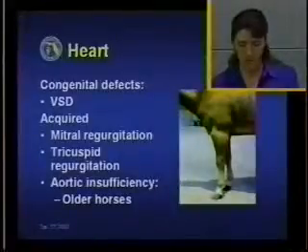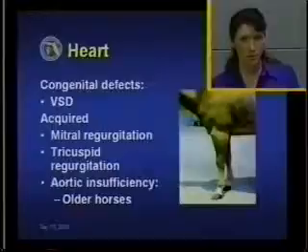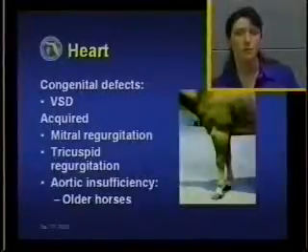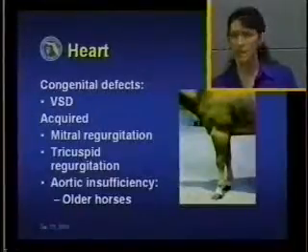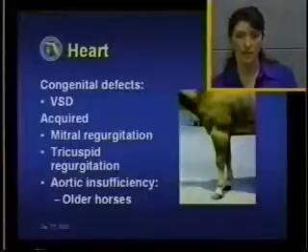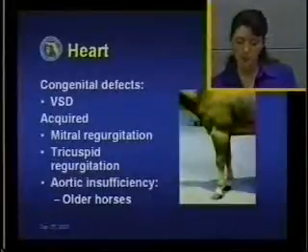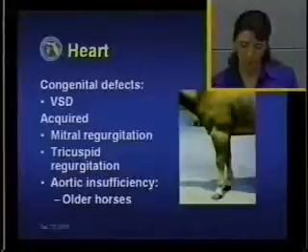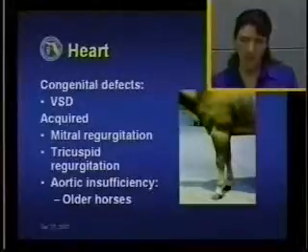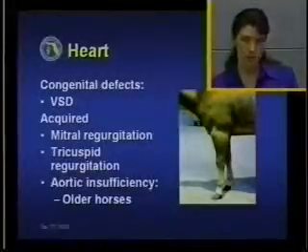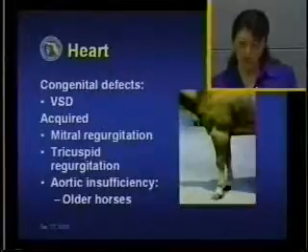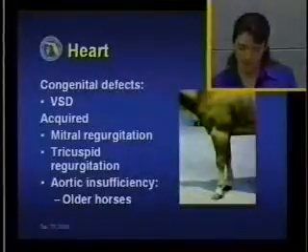Aortic insufficiency is most commonly observed in older horses, and most of the time this will be an incidental finding where it's not associated with any clinical sign in particular, but in the case where it is associated with exercise intolerance or signs of congestive heart failure, the prognosis is more guarded.